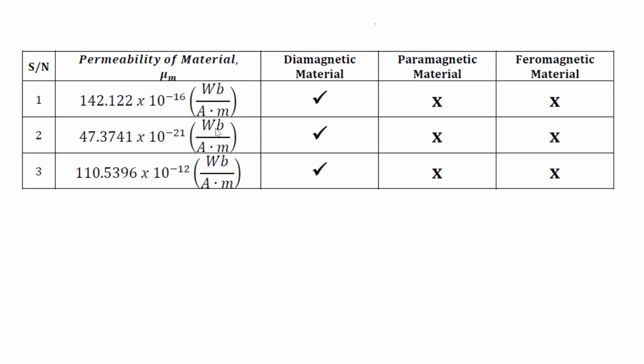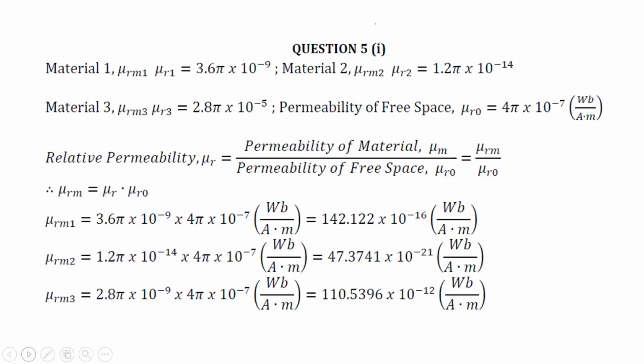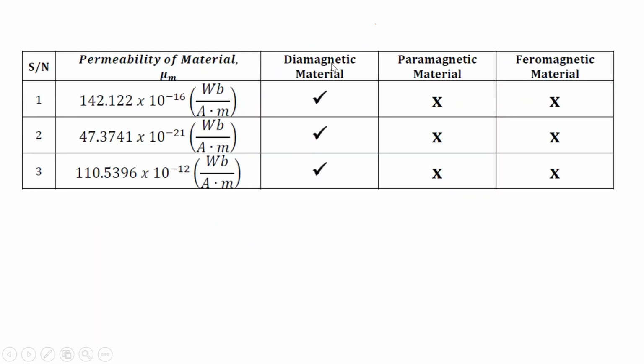They are diamagnetic because the permeability of free space is 4 pi times 10 raised to the power minus 7. So our values are less than the permeability of free space. So that's why for diamagnetic material, it sticks. For para and ferro, we just cancel it.